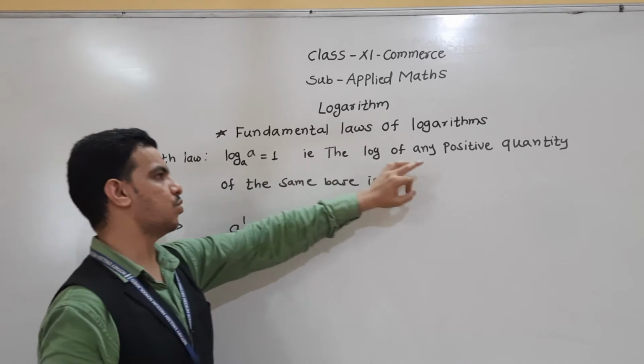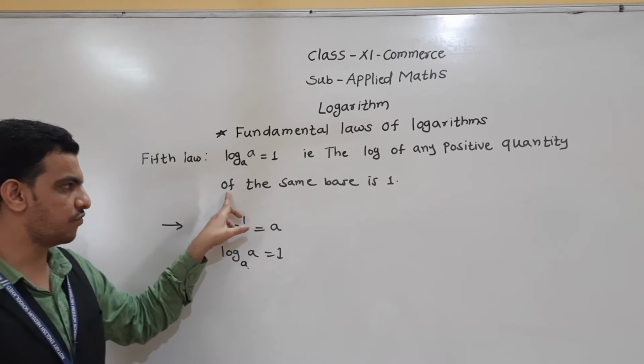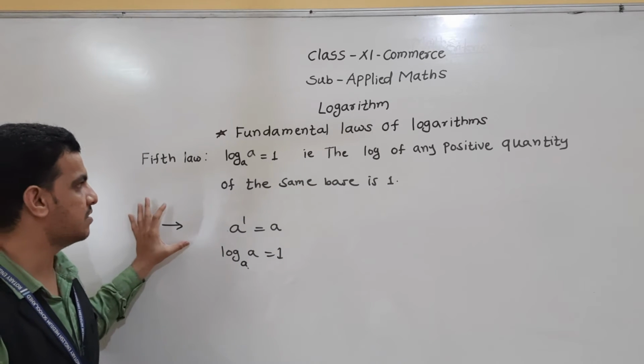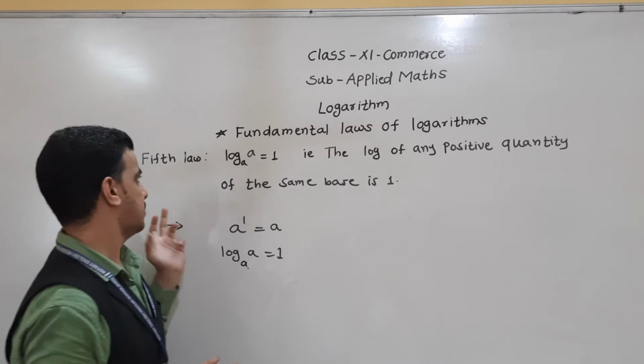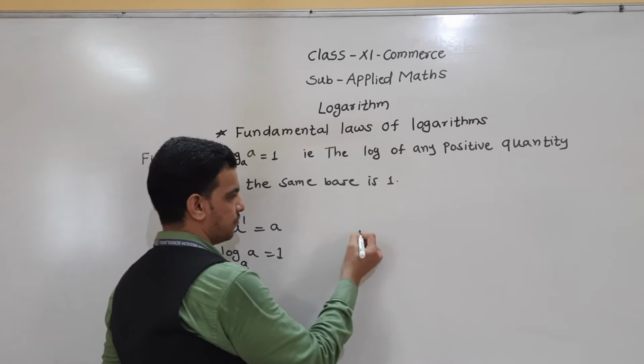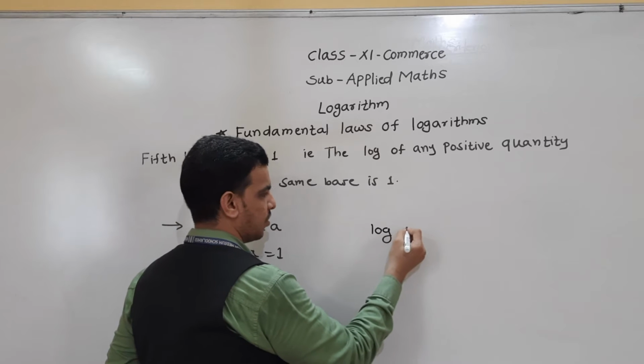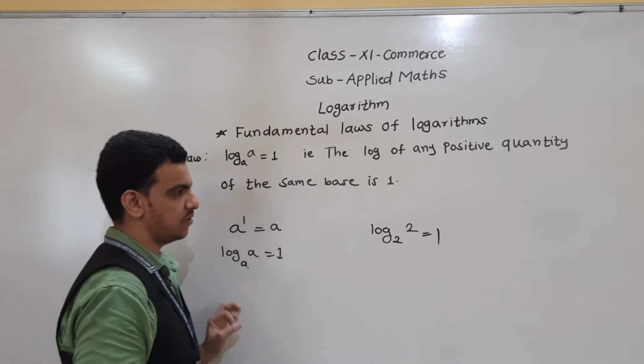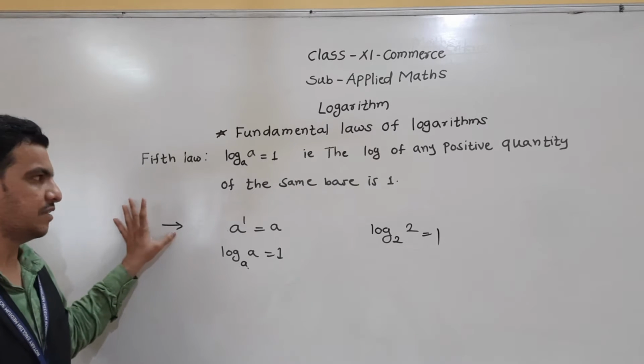Log of any positive quantity of the same base is 1. Understand this? Now we will take the sixth law. An example of this: if we take log of 2 to the base 2, then the answer is 1. Now we will take the next law.